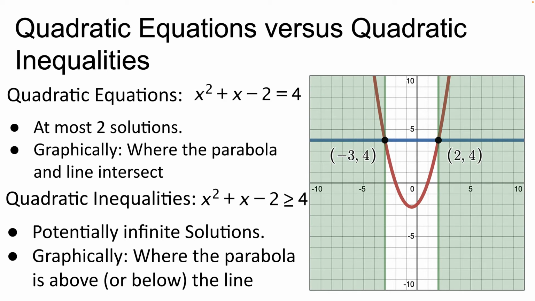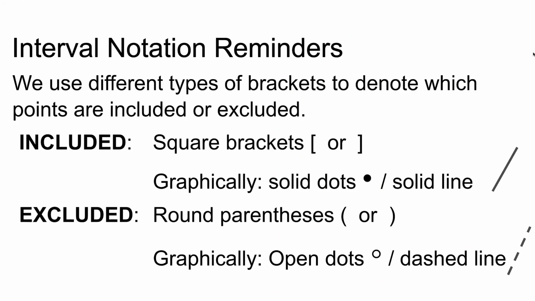Whenever we have an infinite number of solutions, this is too many to list, so usually we use interval notation to write our solutions. Here's a quick reminder about interval notation. We use different types of brackets to denote which points are included or excluded. If we want to include a point, we use a square bracket.